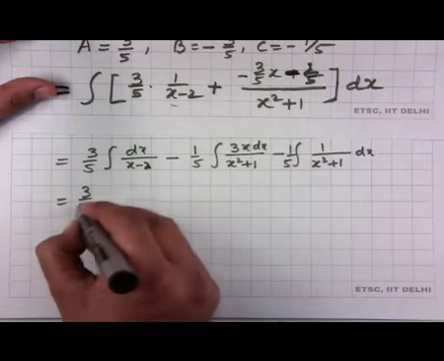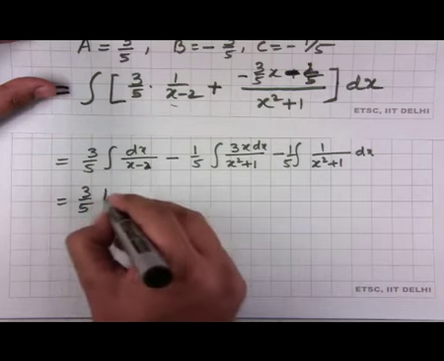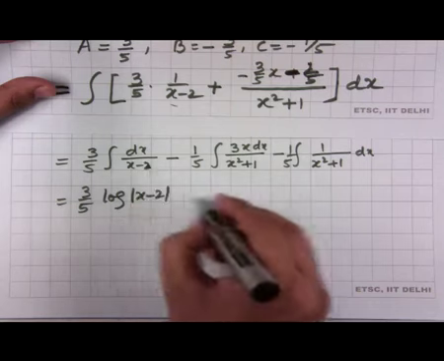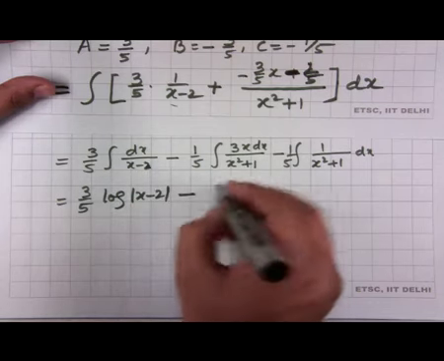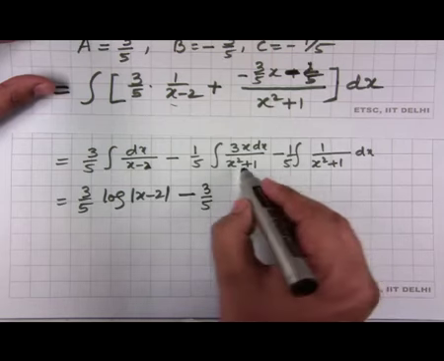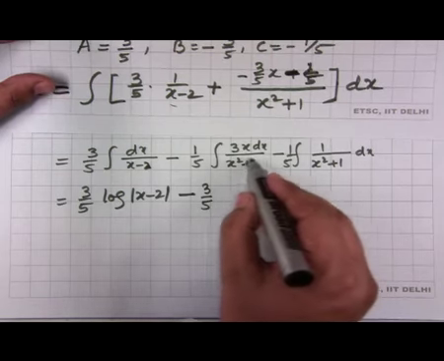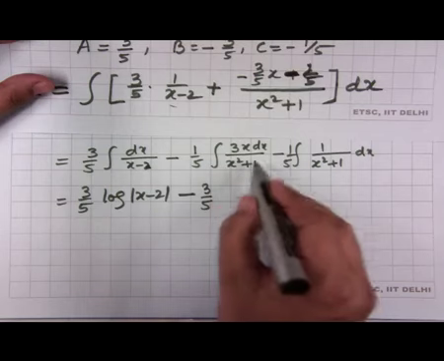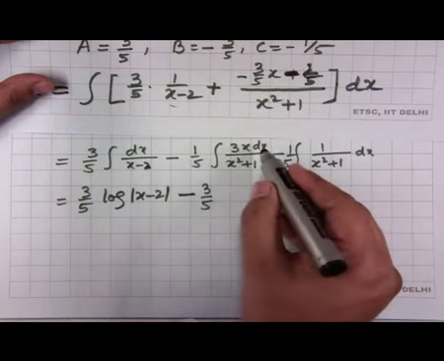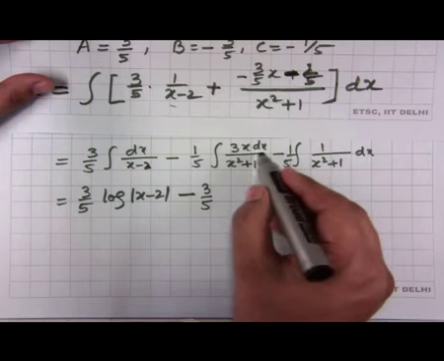So, the integral turns out to be 3 by 5 log of mod of x minus 2, linear term, minus 3 by 5 times this x square plus 1. If I replace it by a number t, then I will get 2x dx equals dt. Therefore, x dx will be dt by 2.